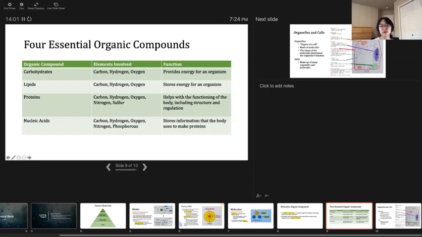Our third essential compound is proteins. The elements involved are the same as the two above: carbon, hydrogen, and oxygen, and also nitrogen and sulfur, which are 2 more types of atoms. Proteins help with the functioning of the body, including structure and regulation.